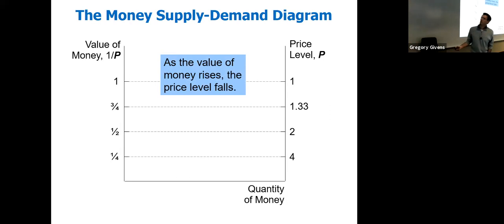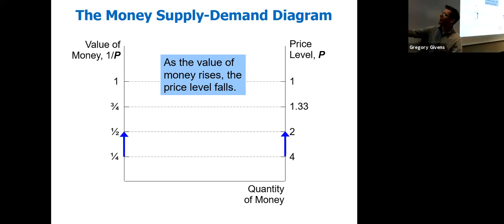Watch what happens here as the value of money goes up. Let's say from 1/4 to 1/2. The numbers on the left axis here are getting bigger in the standard way, but the numbers on the right axis are actually shrinking. Be very careful about that.